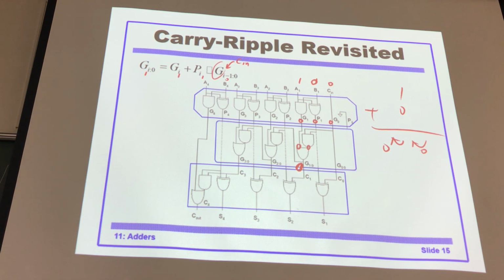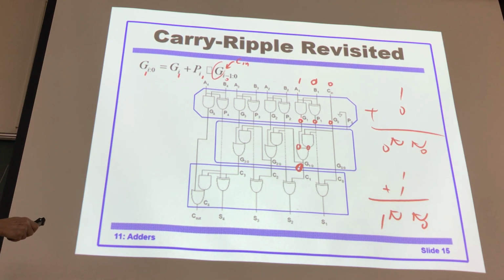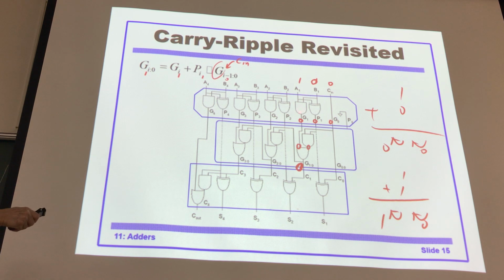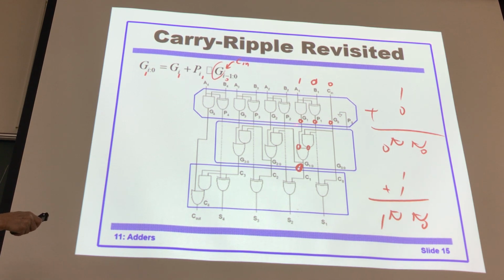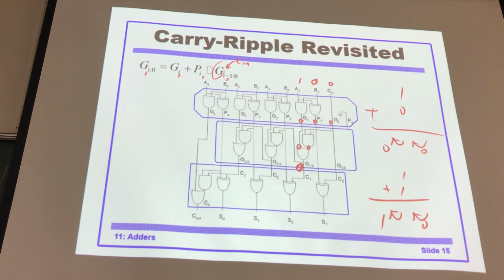And the previous case is 1 plus 1. There's no carry in, but you still get carry out. This is because of carry generate. But in this case, 1, 0, there's no carry generate and no carry propagate. So going back to 1, 1, you have carry generate.